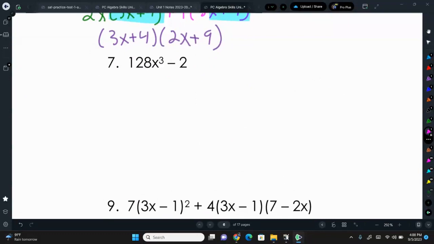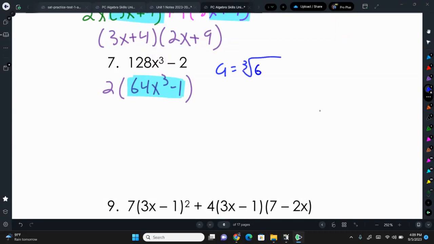Number 7. Well, we can factor out a 2 first. So if we factor out a 2, we get 2 times 64x to the third minus 1. This is a difference of cubes, where our a in our formula, a is equal to the cube root of 64x to the third, which is 4x. And our b in the formula is the cube root of 1, which is just 1.